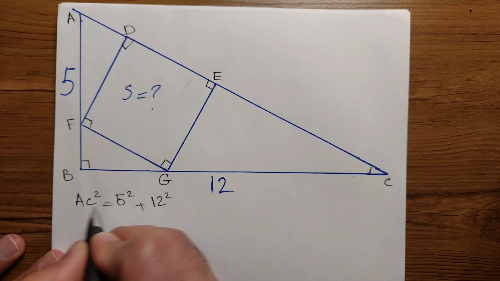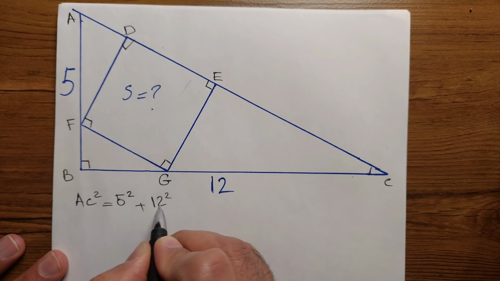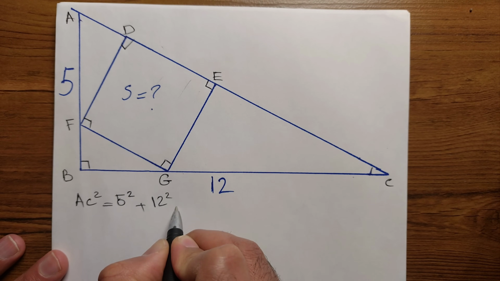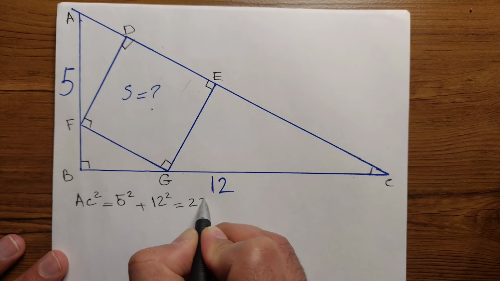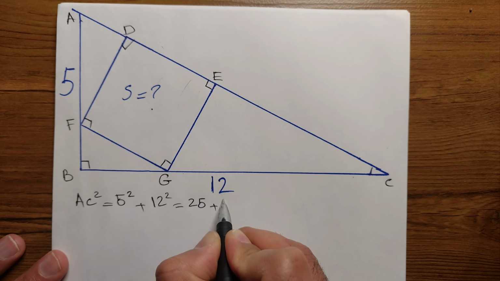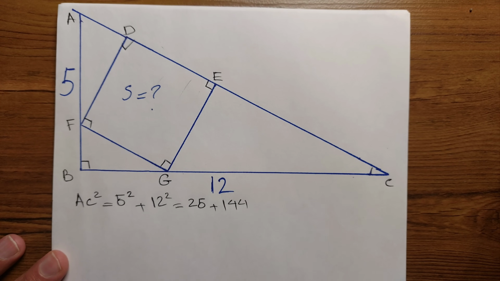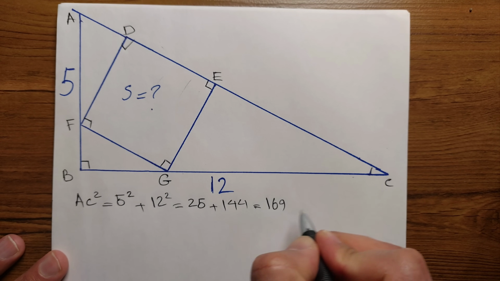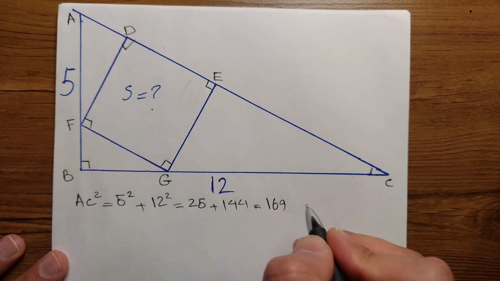So 5 squared is 25, plus 144, and it is 169. So AC squared is 169.